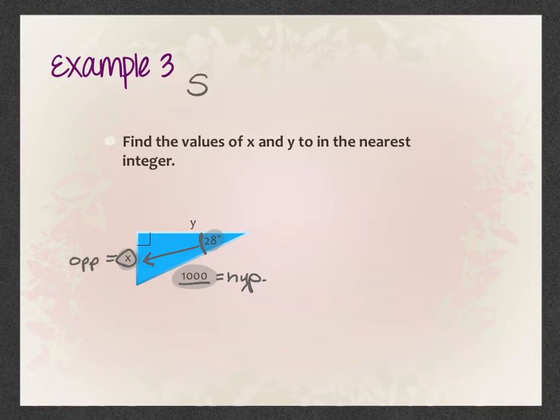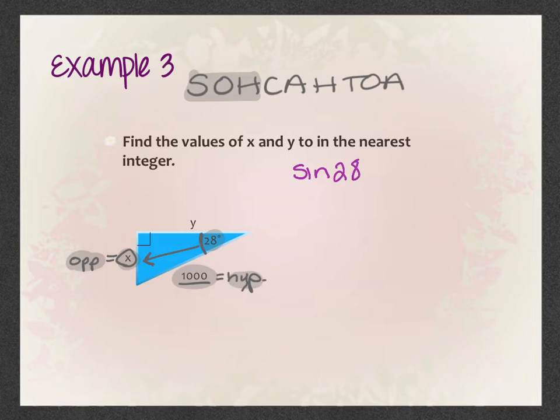So I look back to my SOHCAHTOA, and I pick the trig function based on the information I have. I'm using opposite and hypotenuse, which tells me to use sine. So the sine of 28 degrees is equal to the opposite side, which is x, over the hypotenuse, which is 1,000.